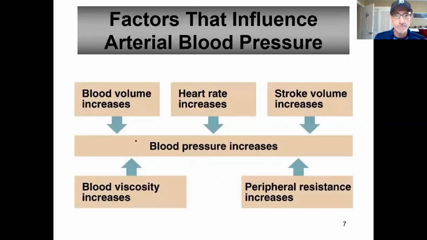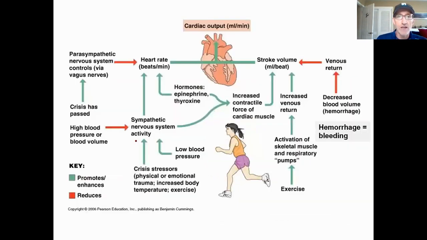So moving on. And then you can see factors that influence blood pressure, and factors that influence ultimately what we're interested in up here at the top, which is cardiac output. That is, what is the heart sending out? And so notice you've got the key down here in the lower left. Increasing cardiac output is in green, decreasing is in red.